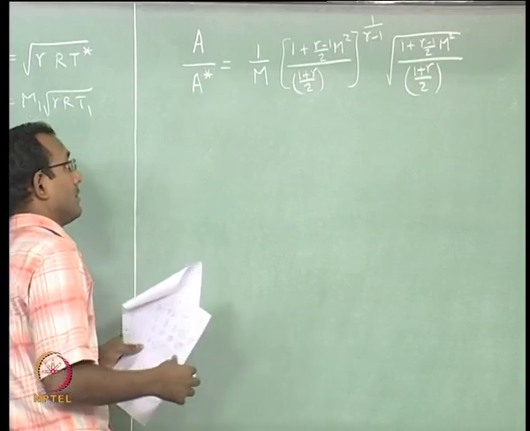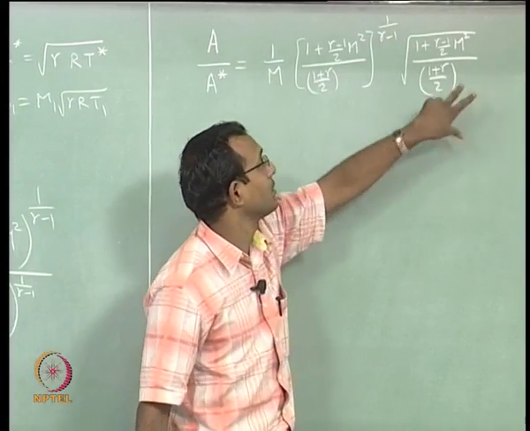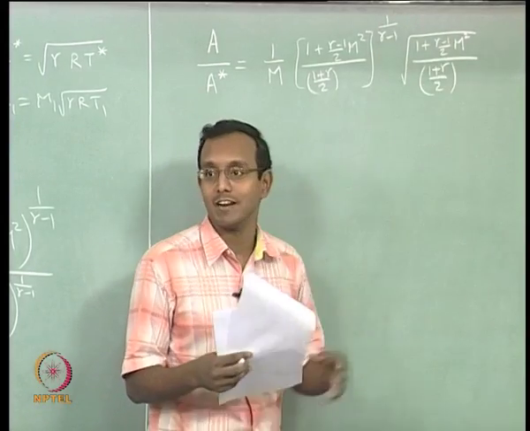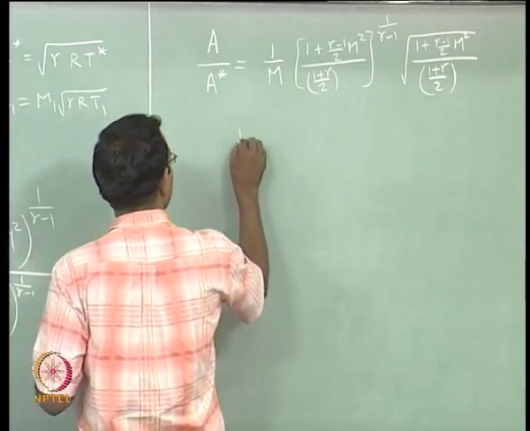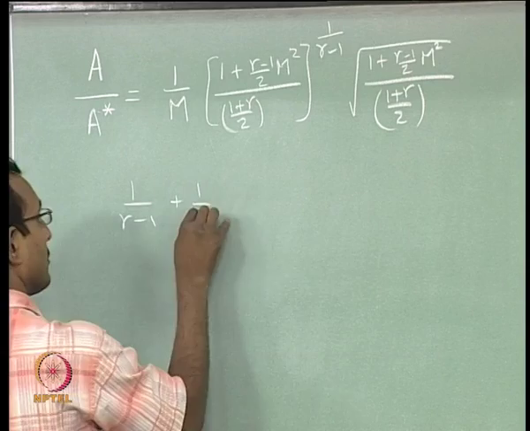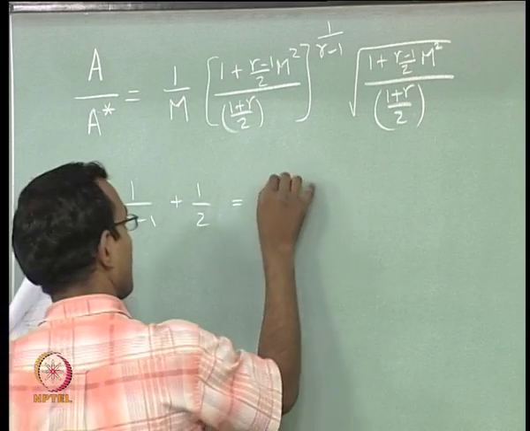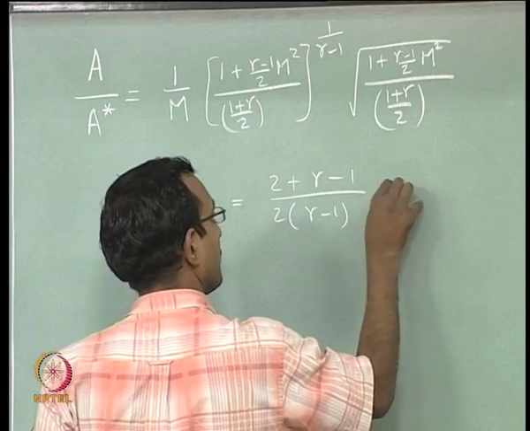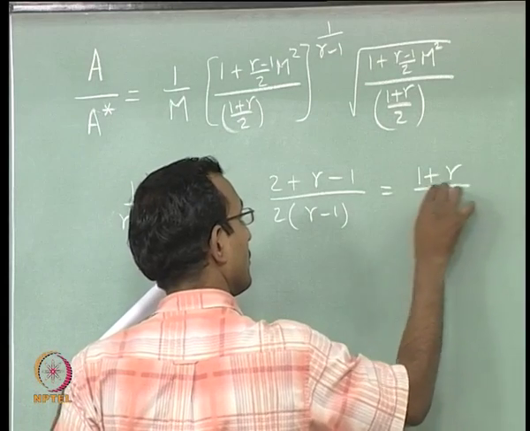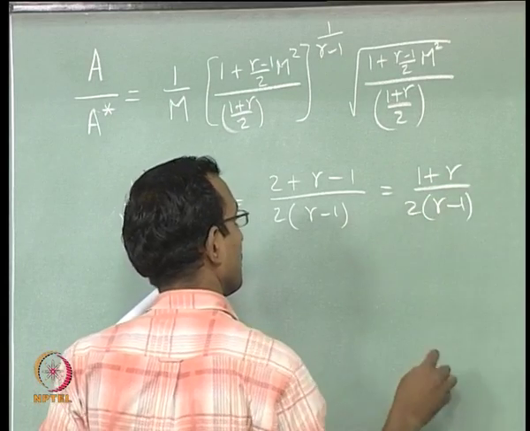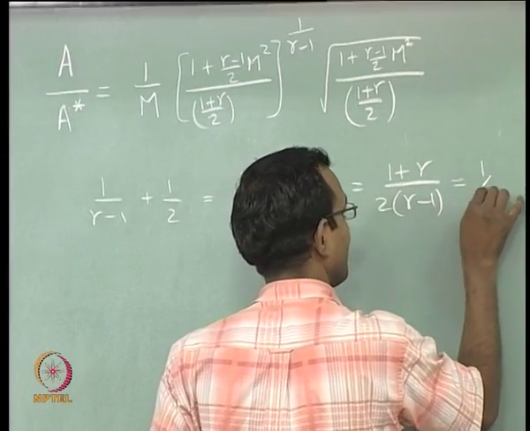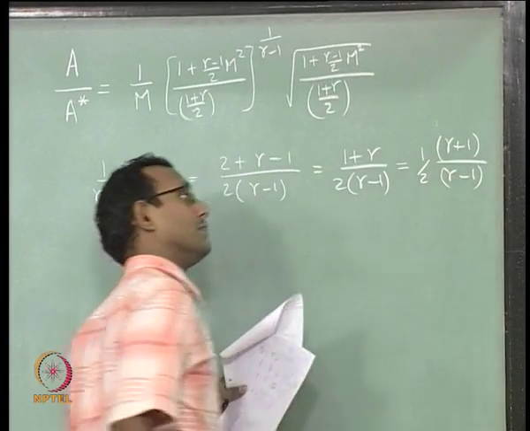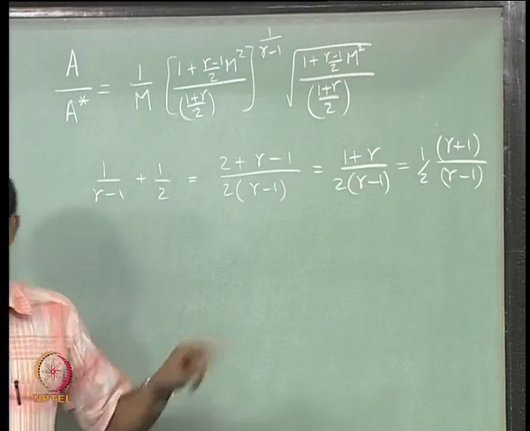Now if you look at the terms inside the square bracket and inside the square root, they are exactly the same, so I can simplify this further. In multiplication the powers will just add up. So if I look at just the powers, I like to write it like this: half times gamma plus 1 by gamma minus 1, that will be the power.